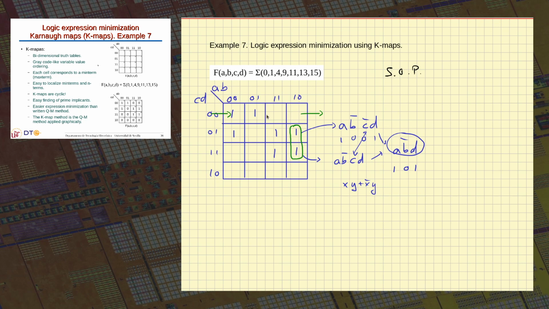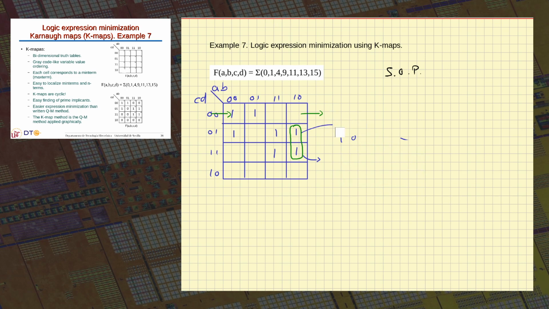Okay, so the map is cyclic in the horizontal and in the vertical direction. So it's important to understand what are the adjacent places in the map. So taking all this into account, we have seen that it's easy to find the implicants by combining minterms.